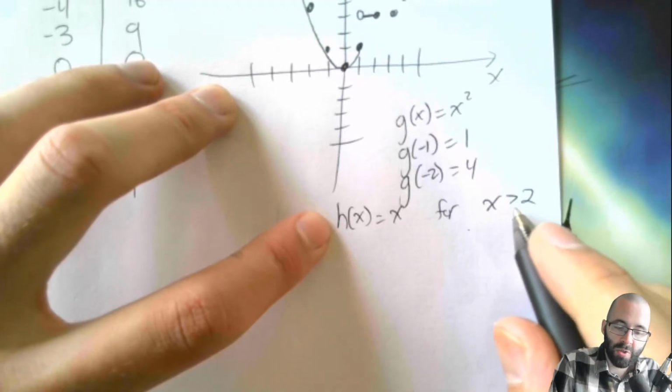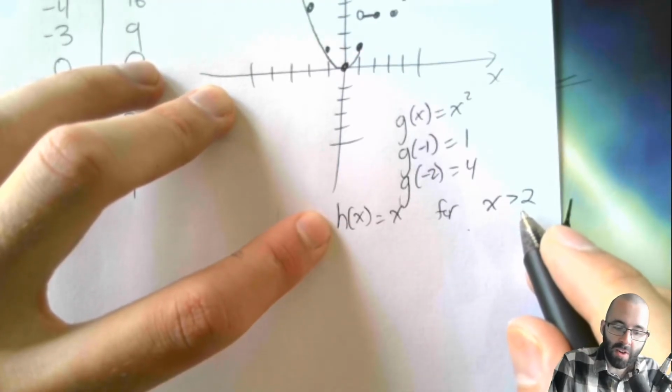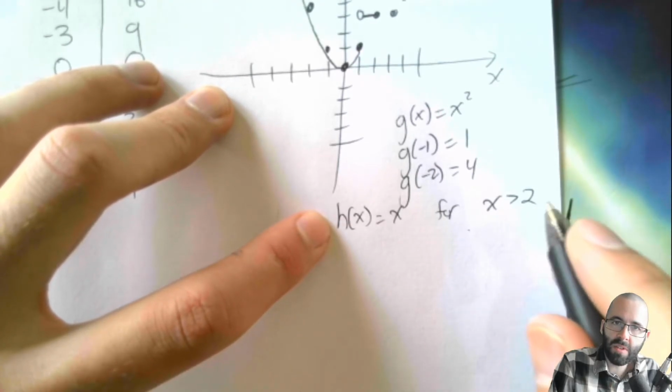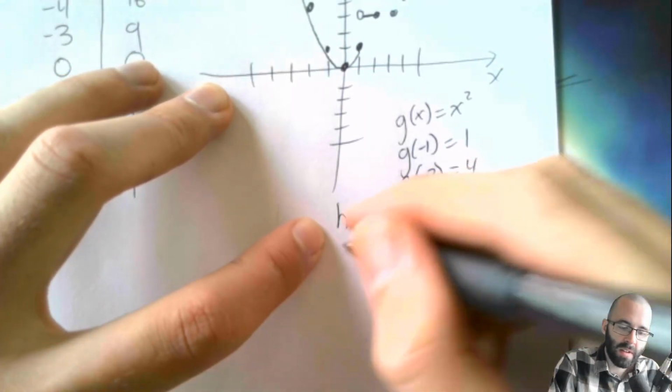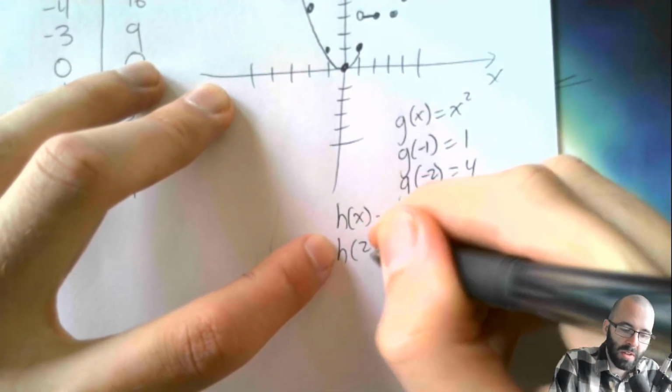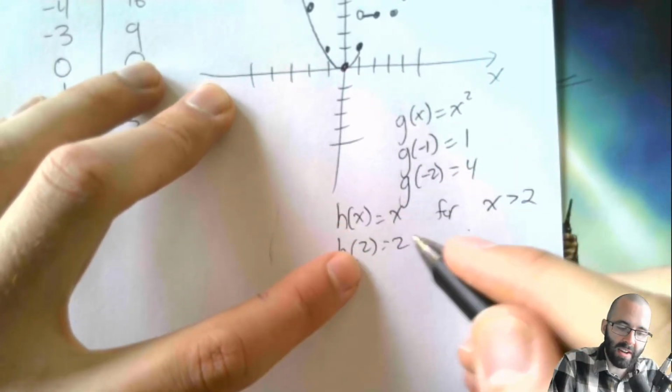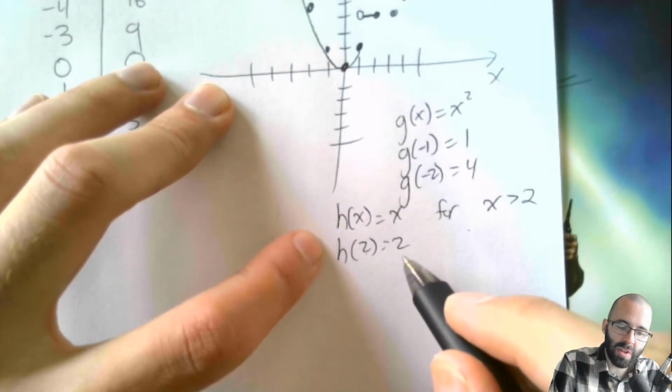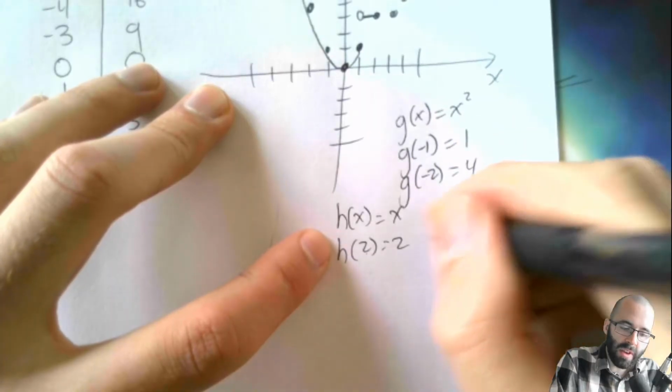Again, strictly bigger than means an open circle. Where's the open circle going to be? H of 2 is just 2, identity function. What you put in is what you get out. This is where the open circle is.